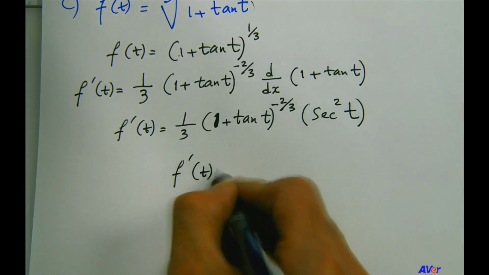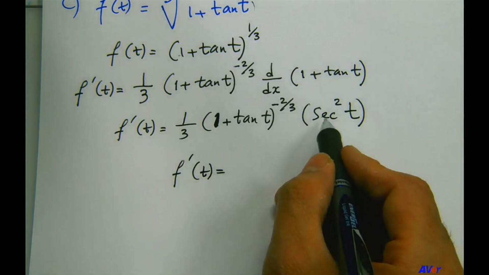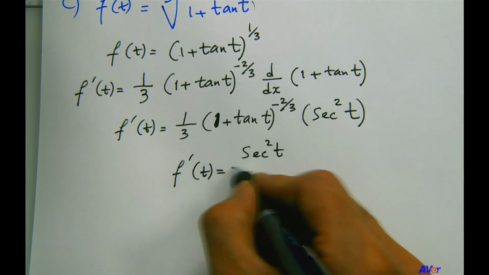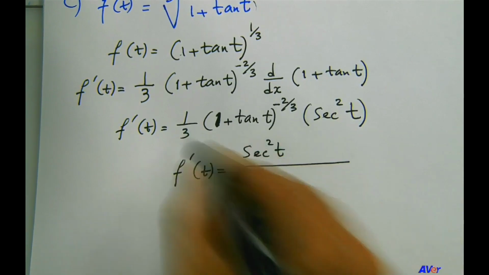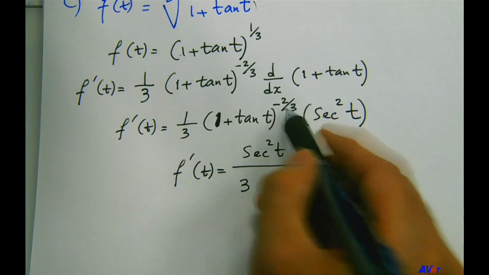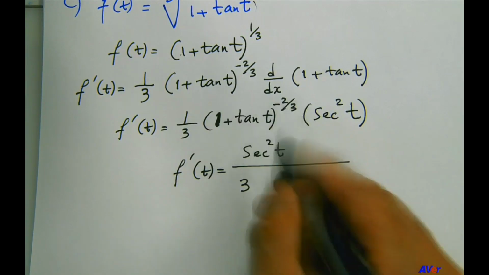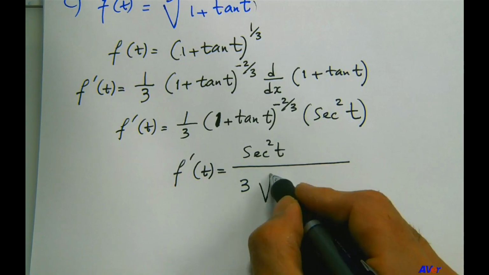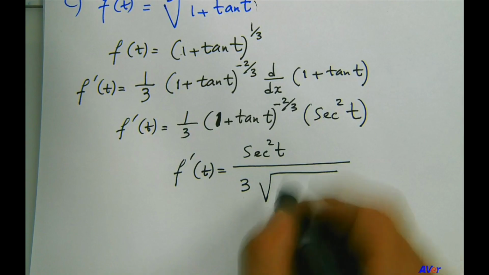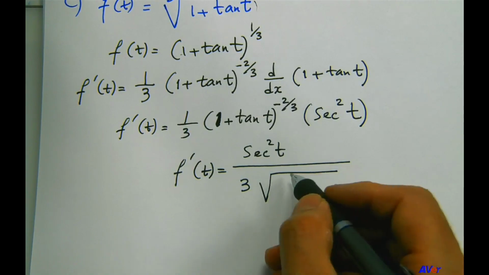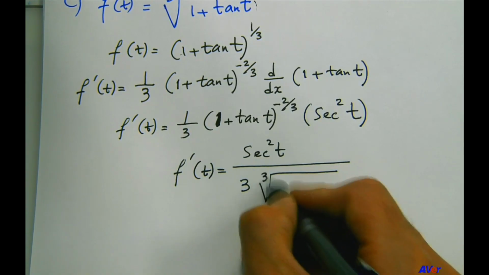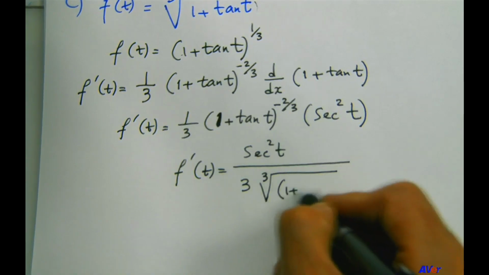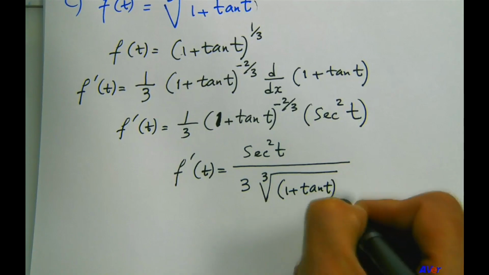So f prime t is equal to secant squared t divided by 3, which is in the denominator already, and we want to write this with positive power. So times all of that. And then, of course, this should be the cube root of 1 plus tangent t squared.